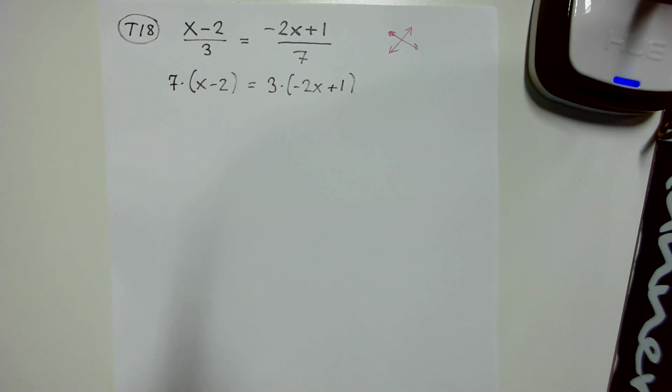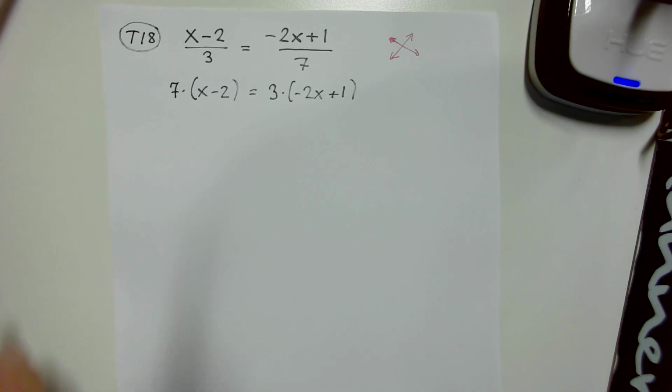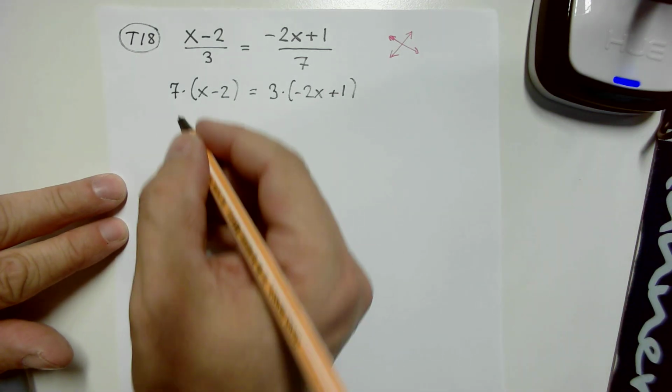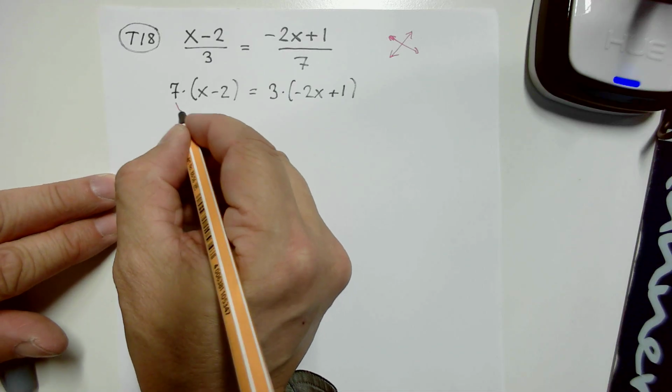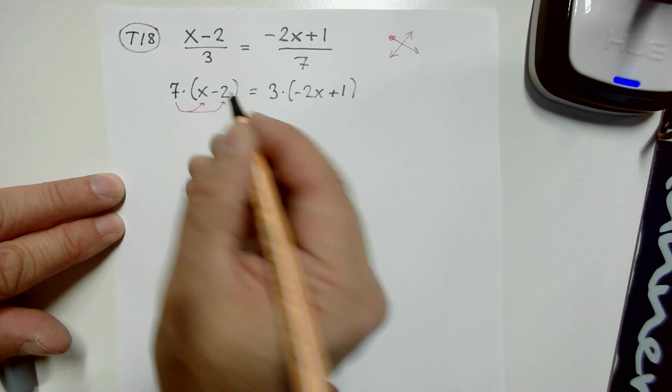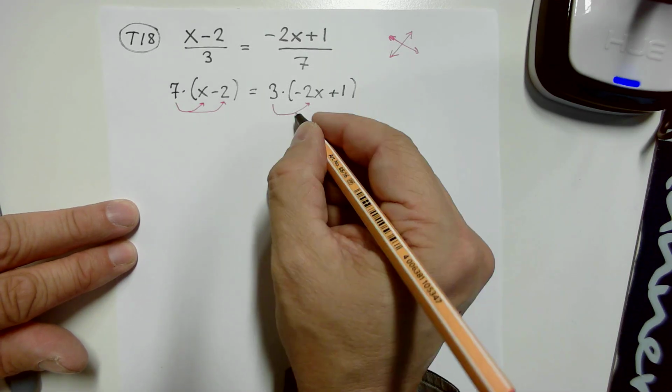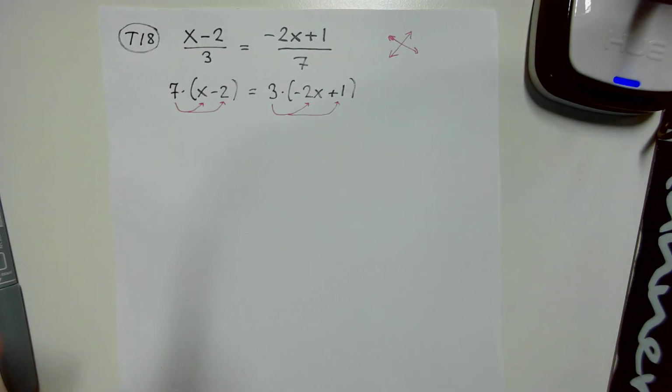And after this it is quite the same as we had in earlier problems, or did we have that problem yet? No, we didn't. We will open the brackets or parentheses first, multiplying this 7 with both of these here, and the same here: 3 times minus 2x and 3 times 1.